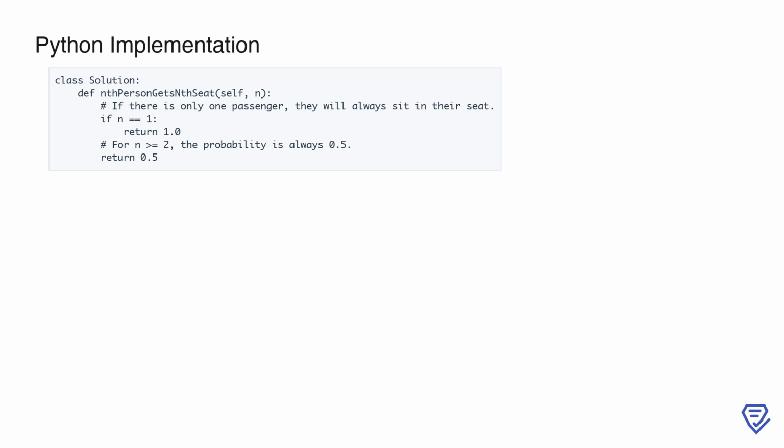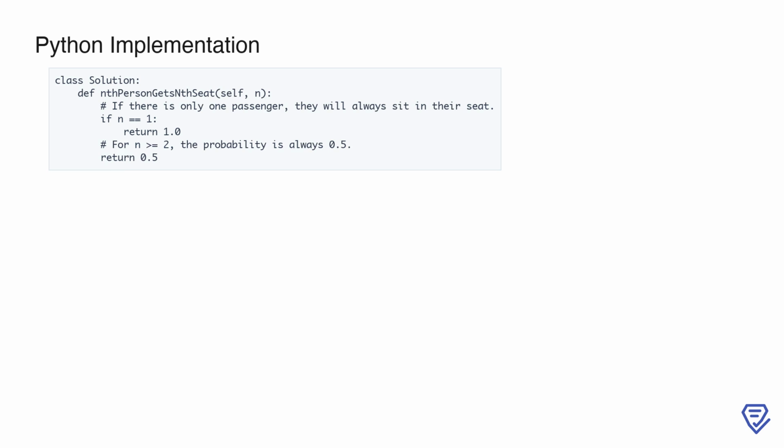The function is concise and efficient, with a constant time complexity of O(1), since it involves only a couple of conditional checks and returns a pre-computed value. By leveraging mathematical insights, we avoid the need for complex simulations or recursion, making this solution elegant and optimal for large values of n. Overall, this implementation is both simple and powerful, solving the problem in the most efficient way possible.